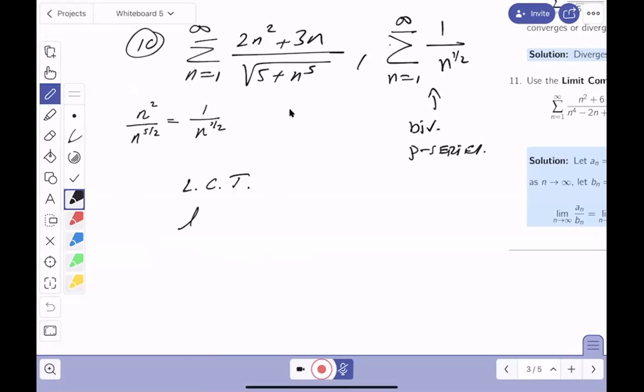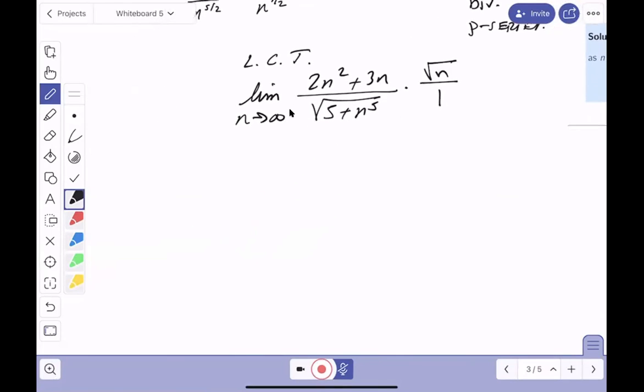Let's write down the limit as n goes to infinity of 2n squared plus 3n over the root of 5 plus n to the 5th, times. I'm really dividing by 1 over n squared, which is like multiplying by the root of n over 1.